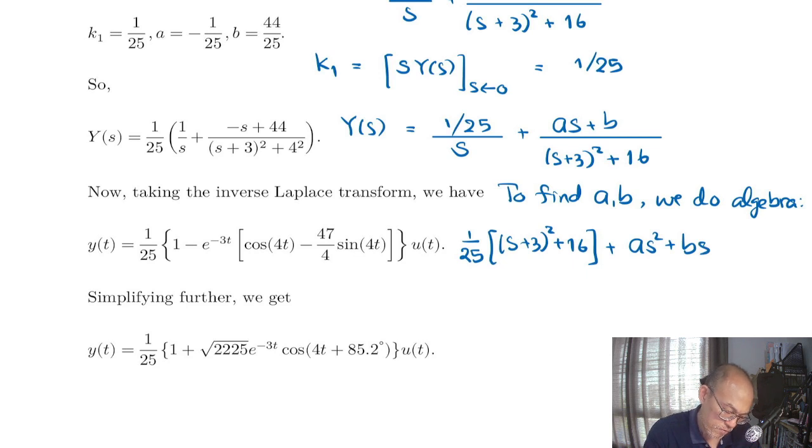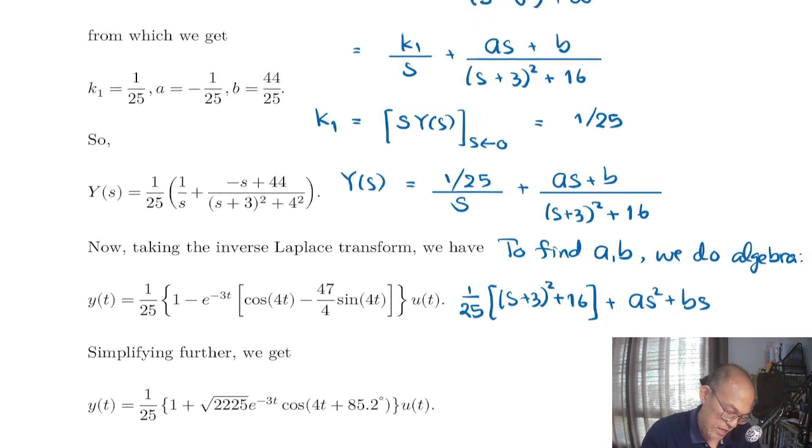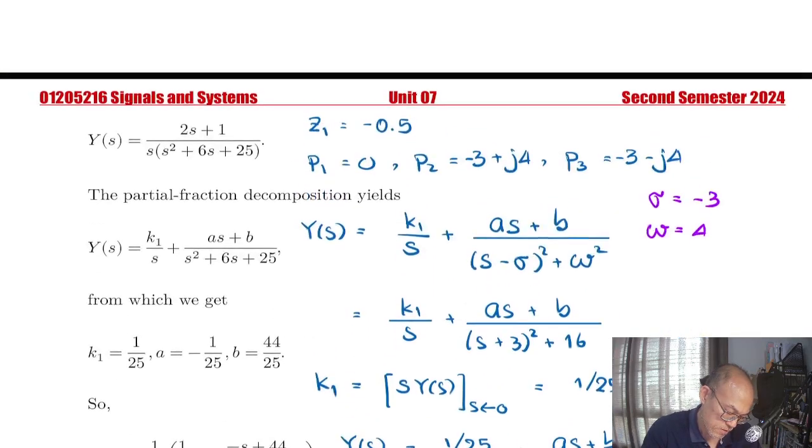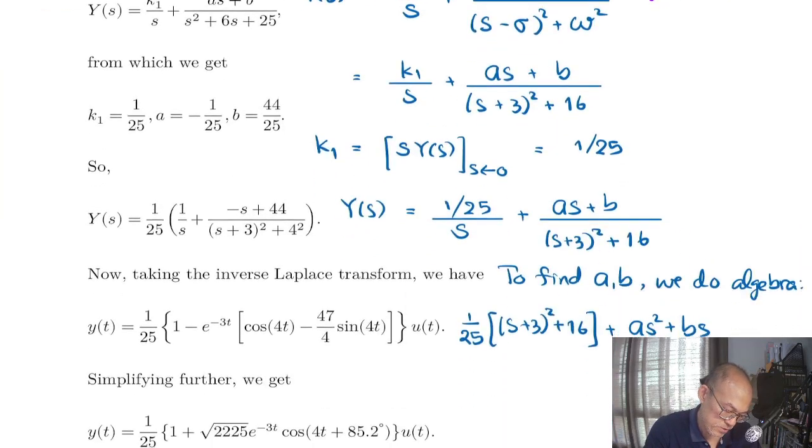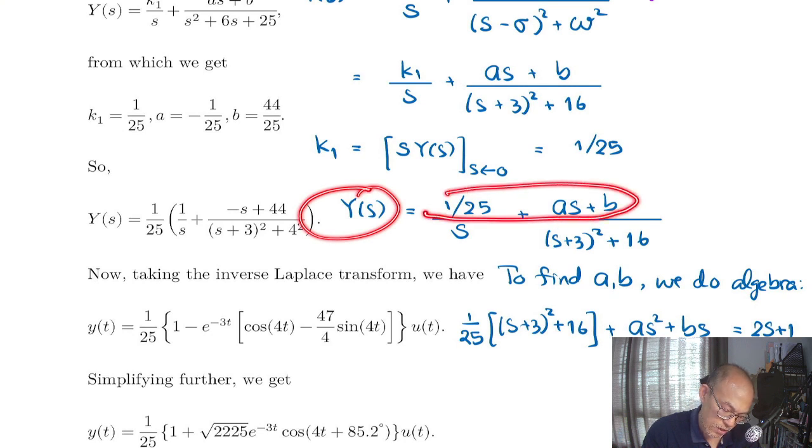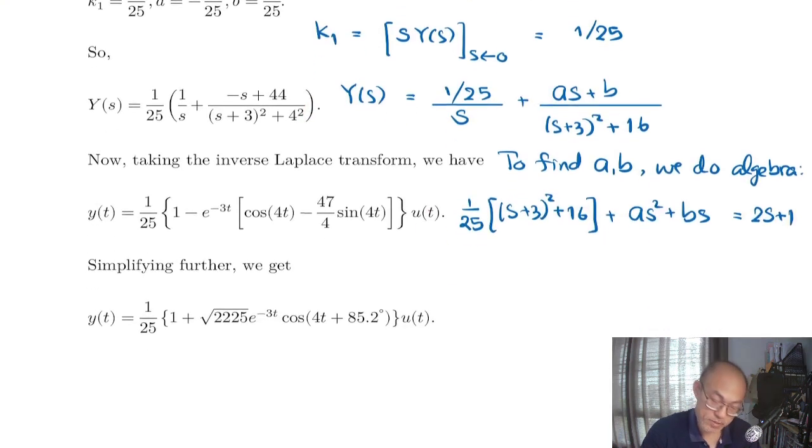And this has to be equal to 2s plus 1, because this is the numerator of the right hand side.